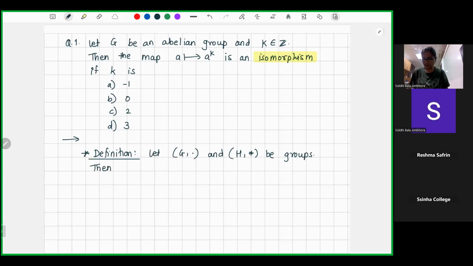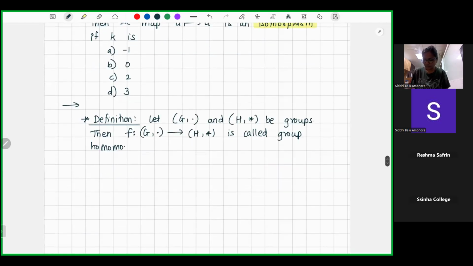Then F from G to H is called a group homomorphism if for all A, B in G, F of AB is F of A star F of B. This is the definition of group homomorphism.